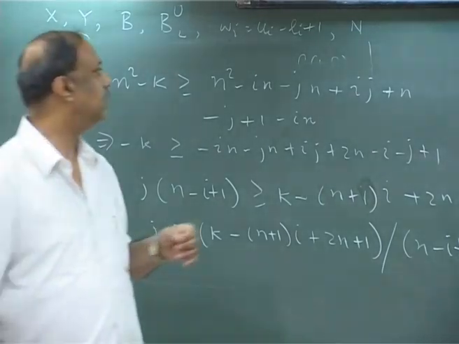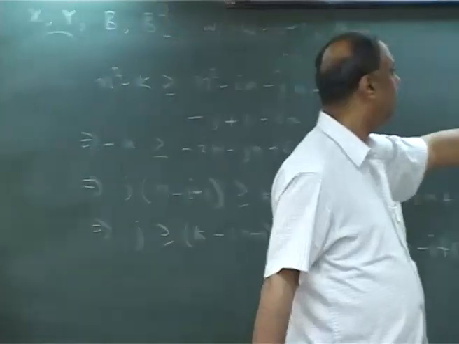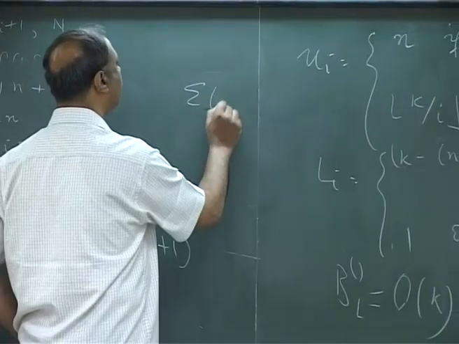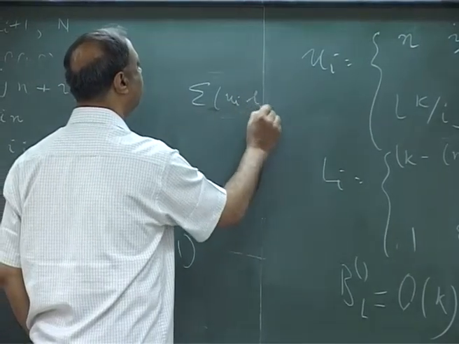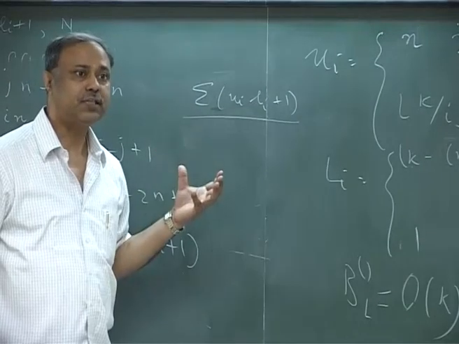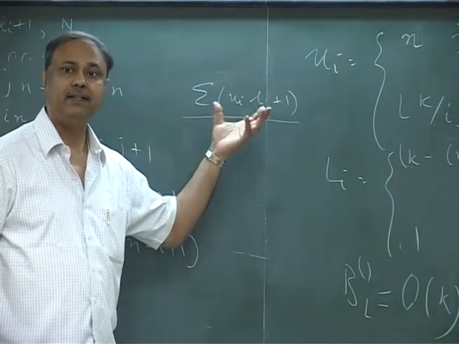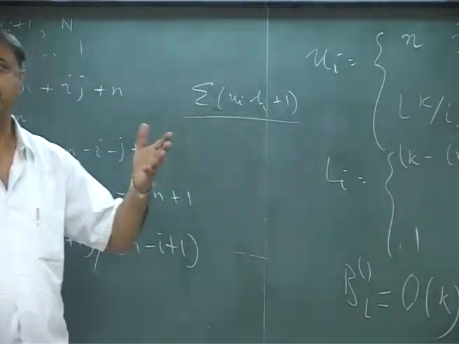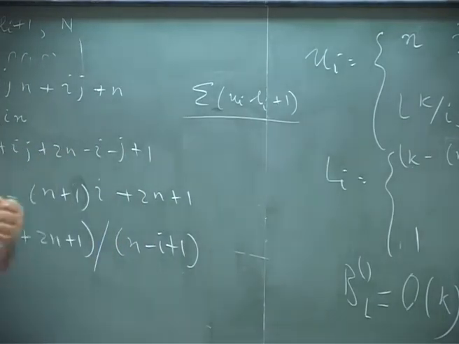In order to find capital N, you need the summation over ui minus li plus 1. You have n processors, n summation, log n time. Right? Not more than that. Agreed? So you can find the capital N.